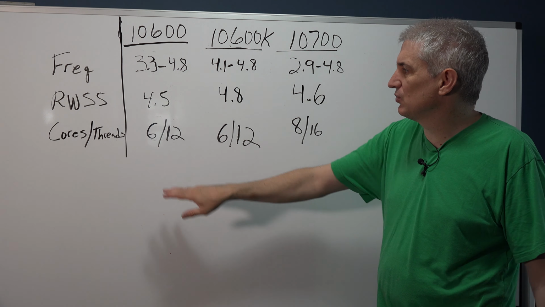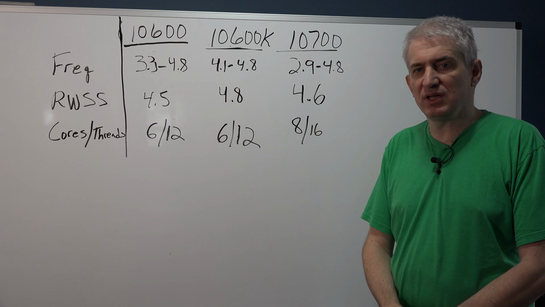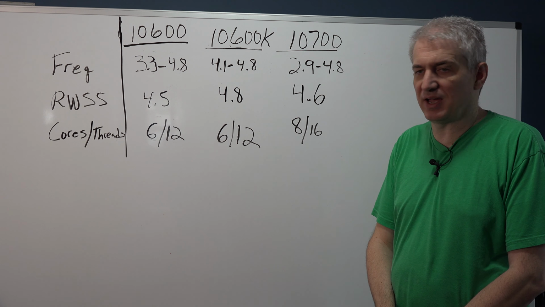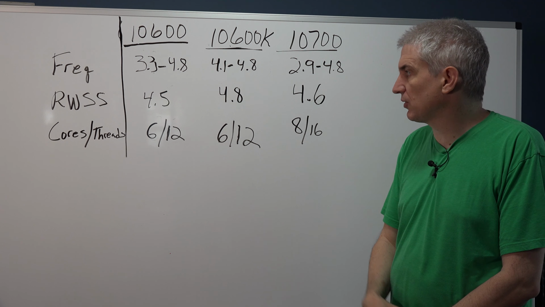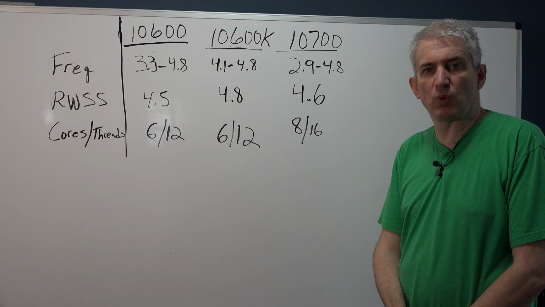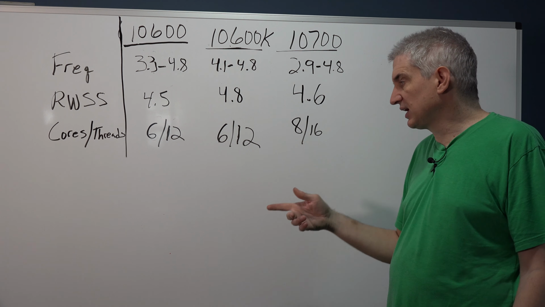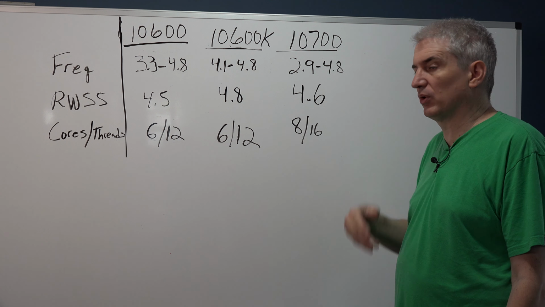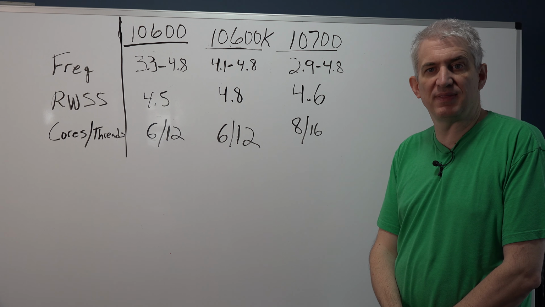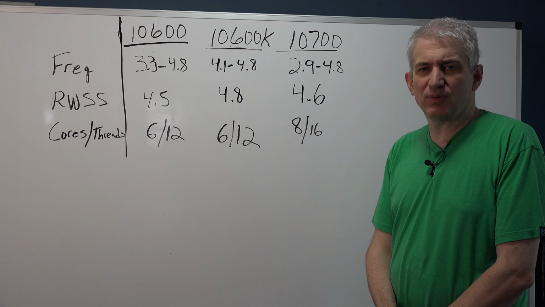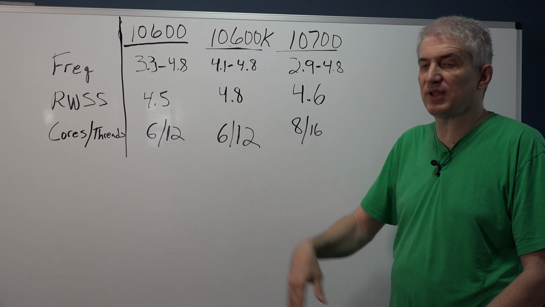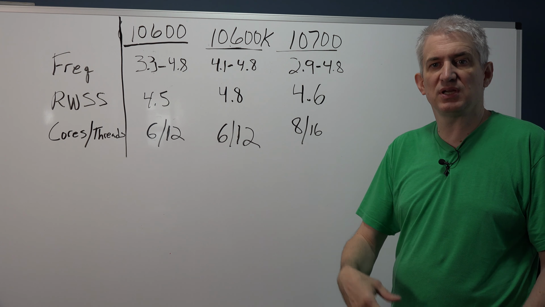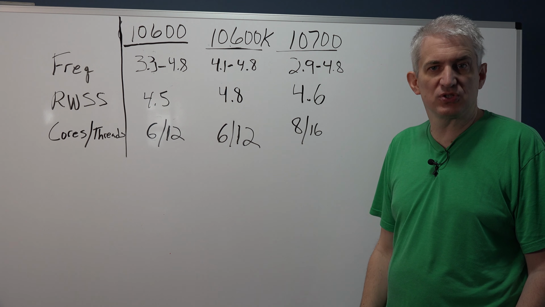So that's why I say you really can't go wrong with any of these. 4.5 is very fast, and then it's not a lot of money to go to the 10600K to keep that 4.8 gigahertz. And yet again, it's not a ton of money to get 8 cores with 16 threads if you need that. So I don't think there's really a wrong answer here as far as which chip to go with, but I did want you to understand the differences, the frequency, and what kind of performance to expect.